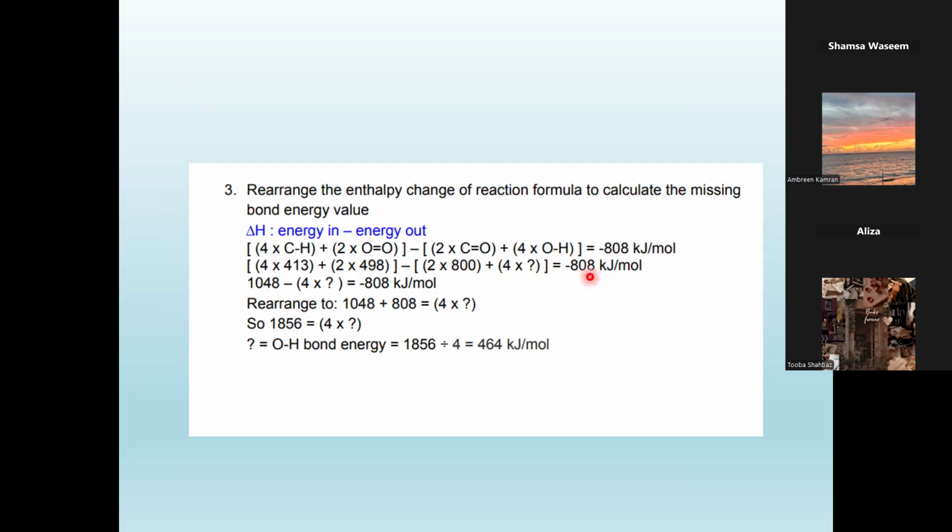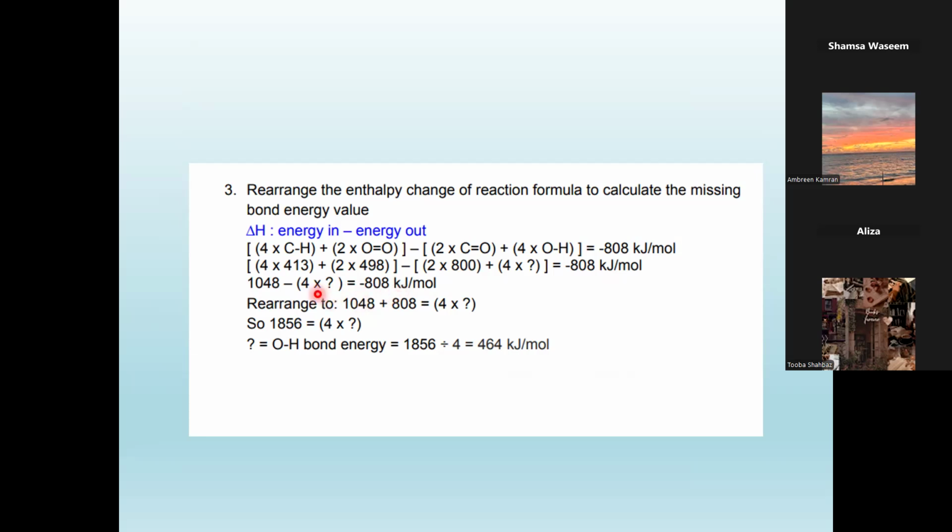Make sure you write the sign of the enthalpy change, since it is an exothermic reaction. So you are supposed to specify it as minus 808. You will solve it a bit further: it comes to 1048 minus 4 times the O-H bond energy equals minus 808. Just simple maths.